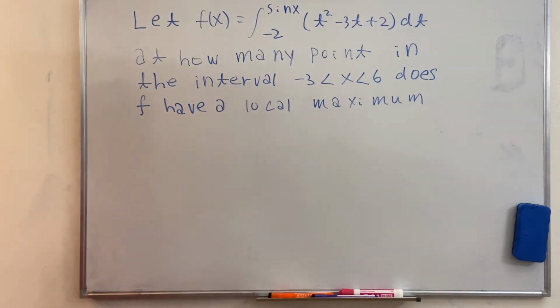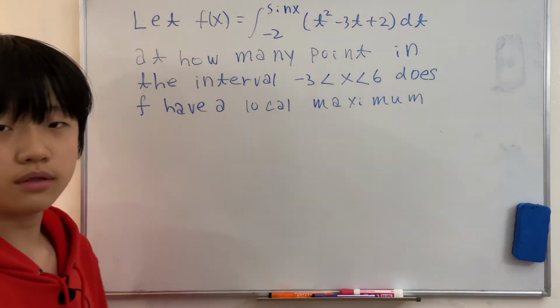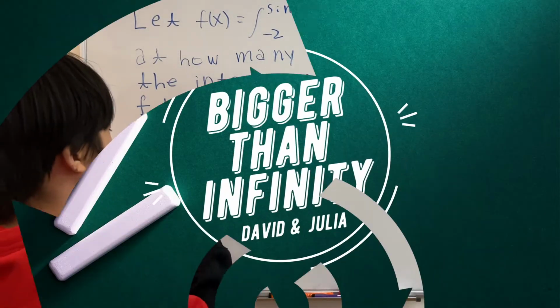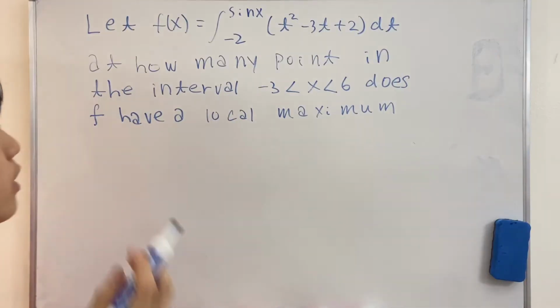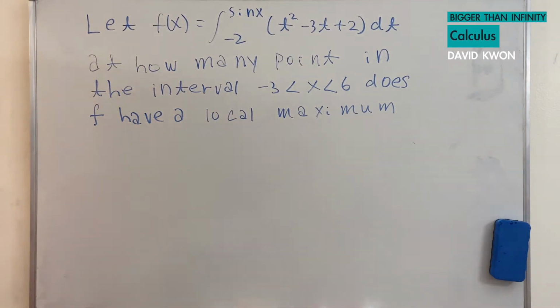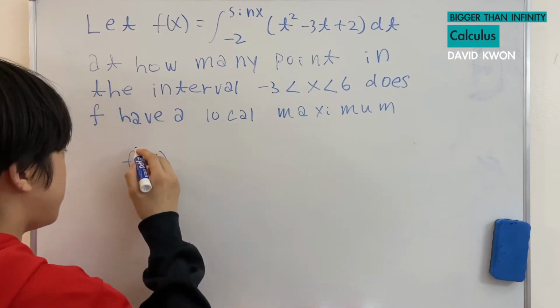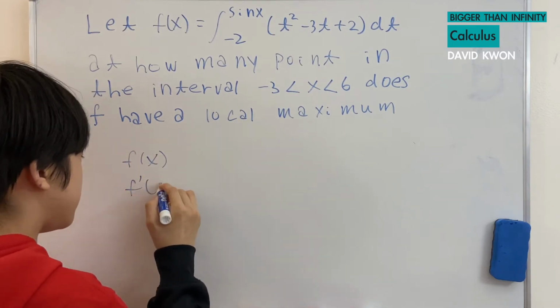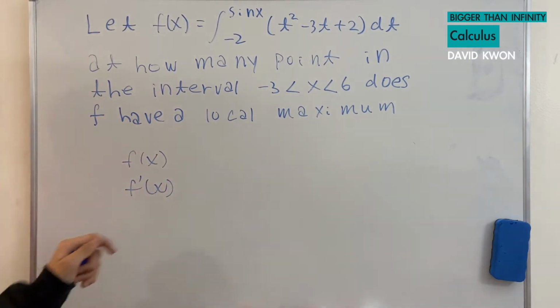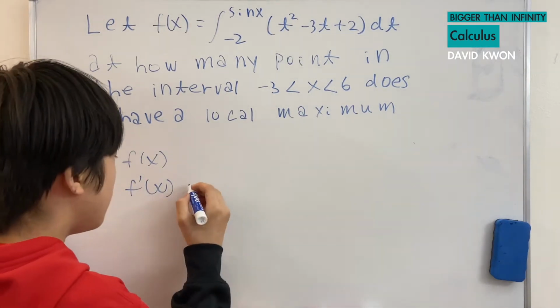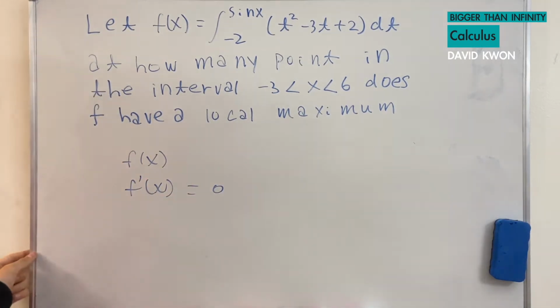To solve this problem, I will show you guys something that can be very useful. A local maximum of a function occurs where, if you take the prime of that, meaning the slope version, and set it equal to 0, okay?